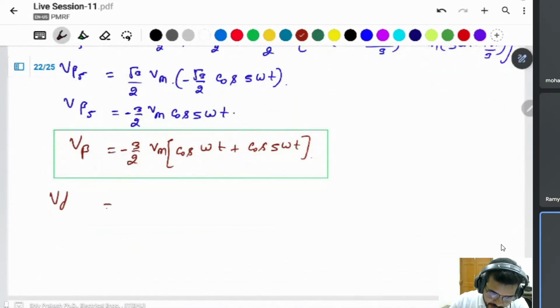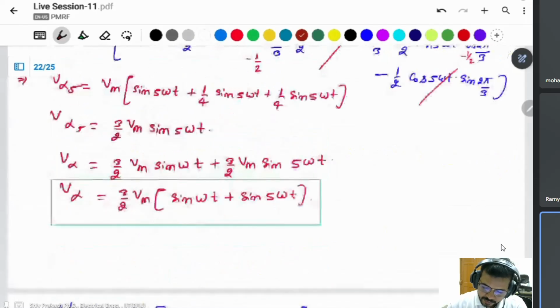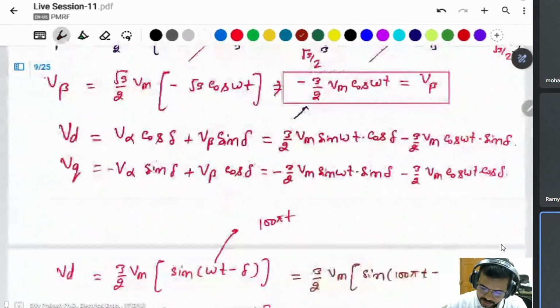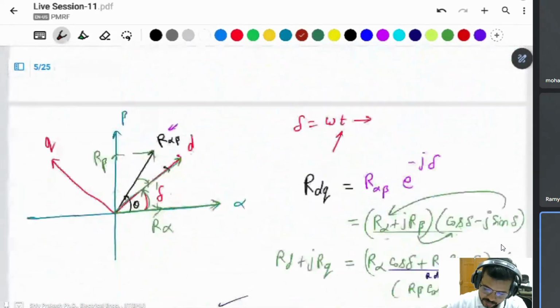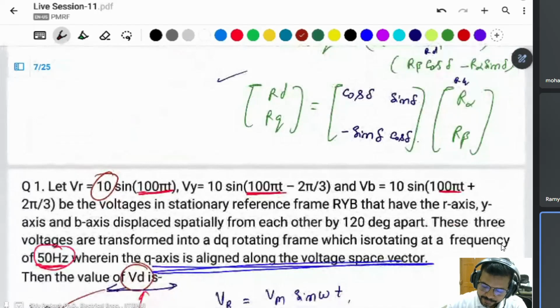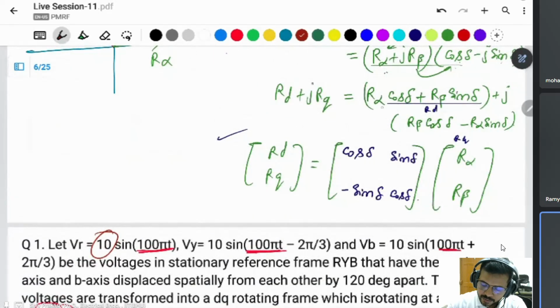And Vd, you know about Vd: Vα cos δ plus Vβ sin δ, from this matrix. This is the conversion: for Rd, Rα cos δ plus Rβ sin δ, and for Rq, Rβ cos δ minus Rα sin δ.